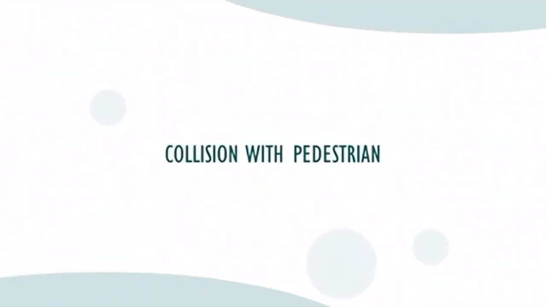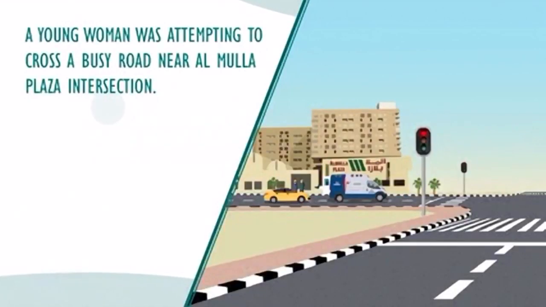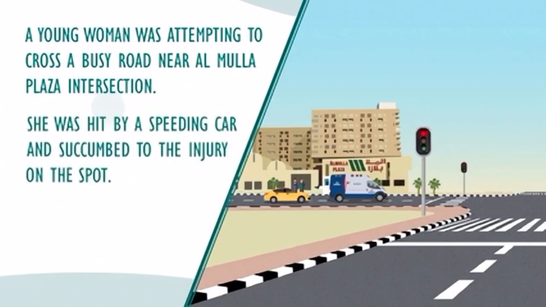Collision with pedestrian. Let's start with the first case study. On the Friday morning of October the 7th, 2016, at 7:45 a.m., Police Operation Room received a call regarding a road accident. A young woman was attempting to cross a busy road near Al Mulla Plaza intersection. She was hit by a speeding car and succumbed to the injury on the spot.